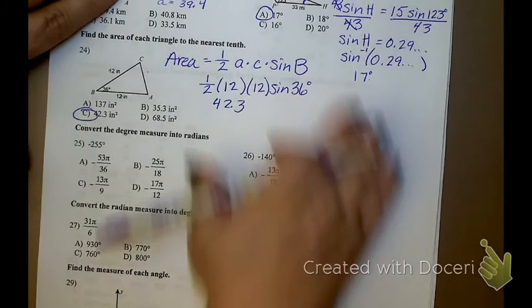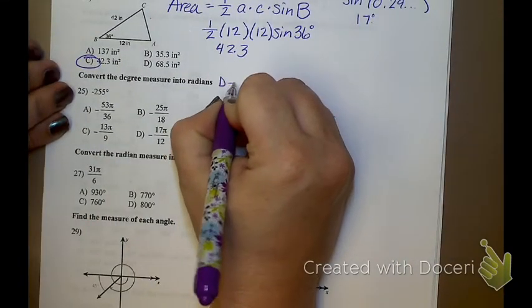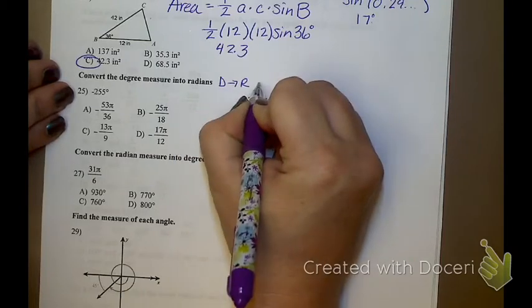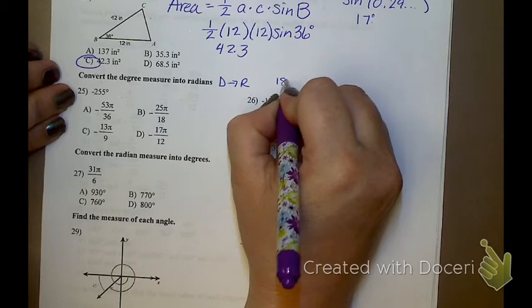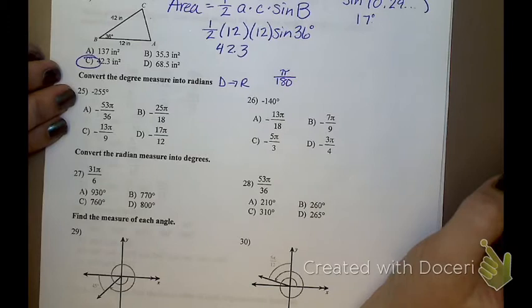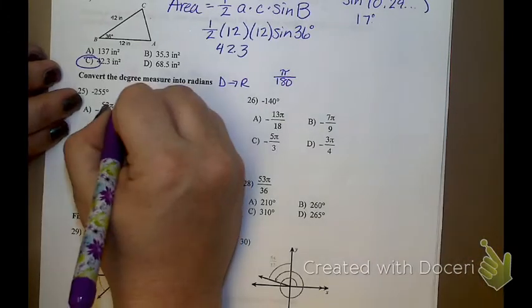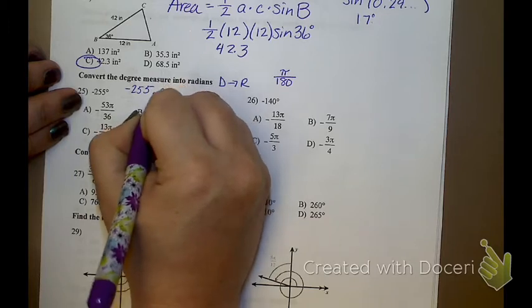Okay. All right, convert the degree measure into radians. Whenever you're going from degrees to radians, you multiply by 180 on the bottom, pi on the top. Sorry, I said that backwards. Multiply by pi over 180. So negative 255. I'm going to multiply that by pi over 180.